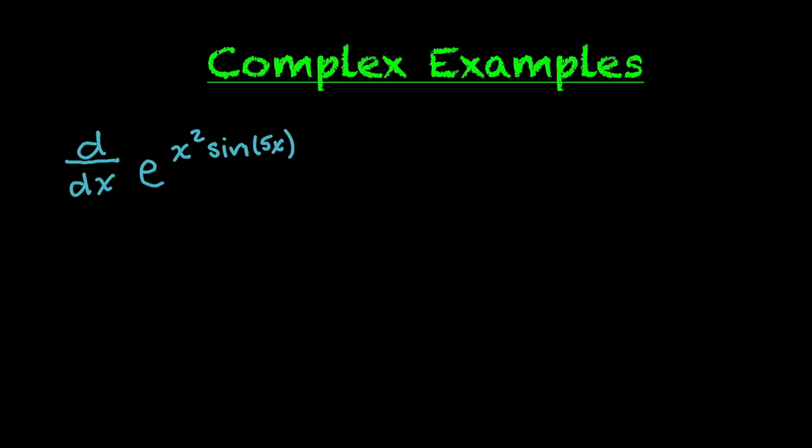All right, so another type of example where students typically struggle with the chain rule is derivatives of exponential functions. So here we have the derivative of e to the x squared sine of 5x. Now the derivative of e to the x is pretty simple. The derivative of e to the x is just e to the x.